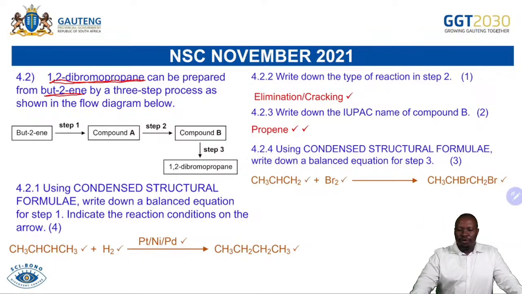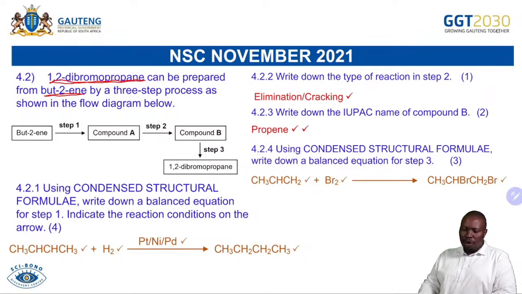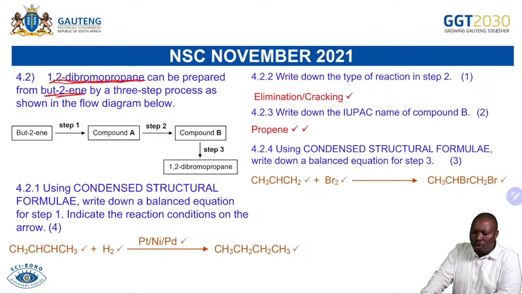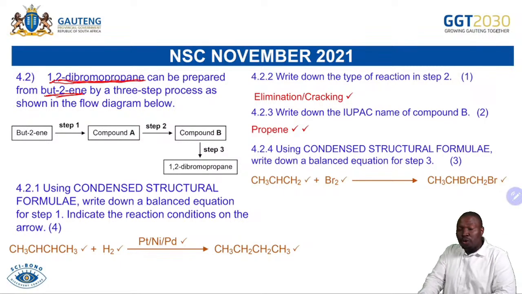So think about that one, to say, how will I go if I'm given 1,2-dibromopropane? And if I'm given but-2-ene, how will I go to prepare 1,2-dibromopropane? Now let's look at step number 1. Already you know that this is an alkene.